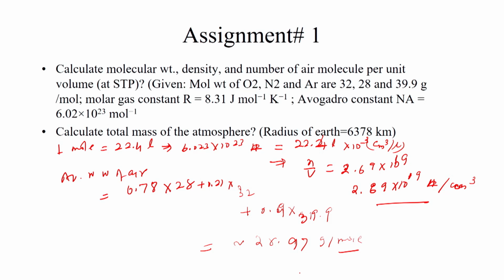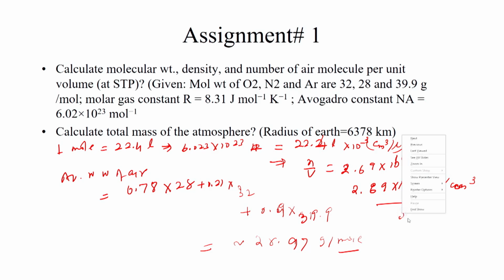Okay, so you can do this calculation as well, to see how much it is in gram per mole. Now if you have to calculate density, remember that the calculation becomes easier if you use the volume. So 28.97 is the gram per mole, and the volume of 1 mole is 22.4 liter.